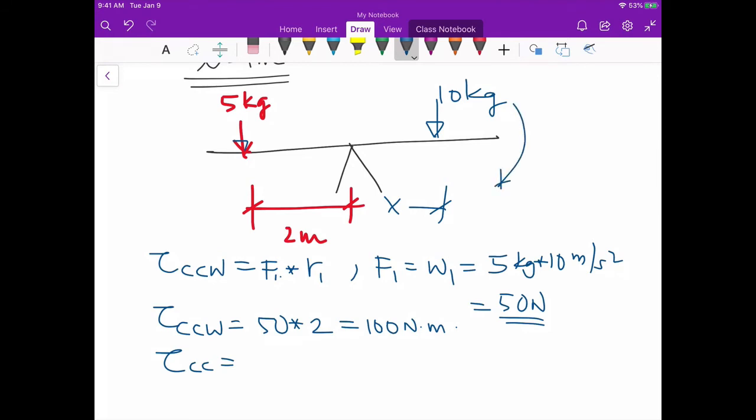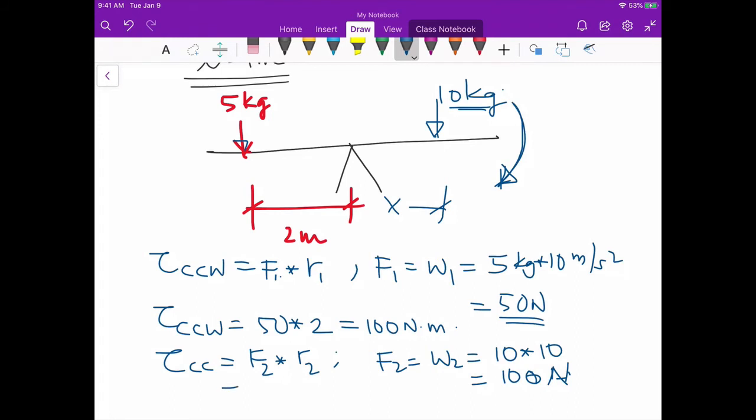See, this mass, the 10 kilogram, is tending to rotate this object in this direction. That's why we call it clockwise. So similarly, it's going to be F2 times R2, and R2 is X in this case. F2 is the weight of the second object, 10 kilogram times 10 gravity, so that's 100 kilogram meter per second squared, known as Newton.